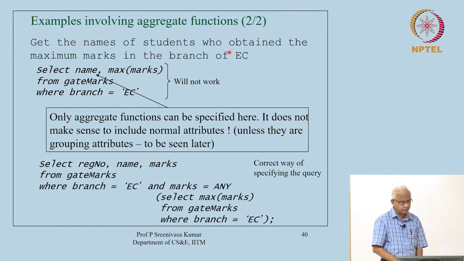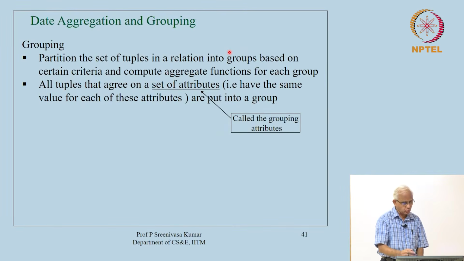Now, let us move on to the issue of trying to group the attributes, group the data, sorry. So, partition the set of tuples in a relation, or in an appropriate subset of the relation selected using certain conditions, into groups.